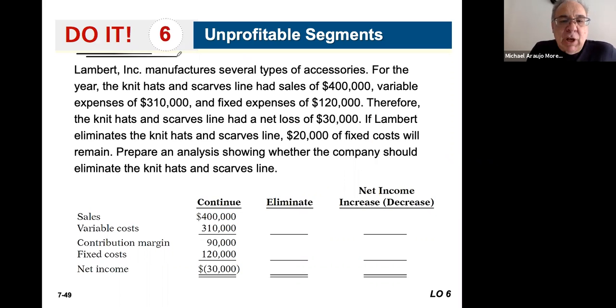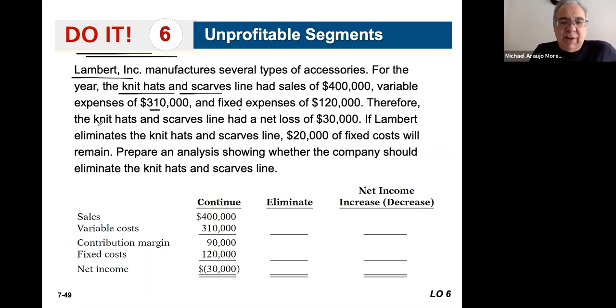Okay. So let's look at our do it exercise here. Lambert sells several types of accessories. They have knit hats and scarves. Isn't that nice? Sales of 400,000, variable expenses of 310, fixed expenses of 120.